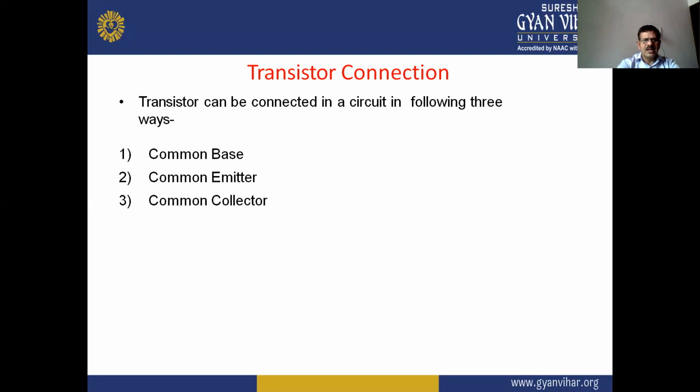And also, in the common collector connection, the collector is common to the input signal and output signal, or the collector is common between the input terminal and output terminal. So there are a total of three transistor connections.